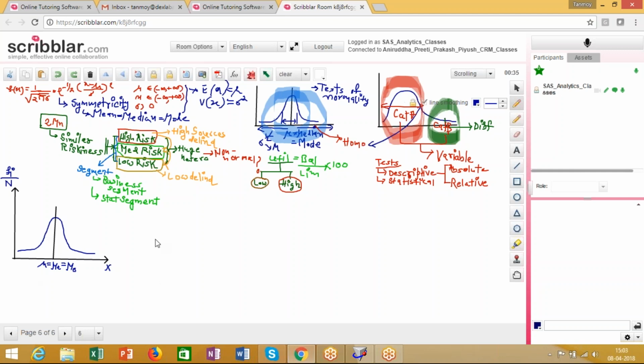Therefore, it generally follows that sigma, or the standard deviation, is low. If the standard deviation is low, the overall extent of dispersion in the distribution is very low, and when we say low, it is low relative to the mean.